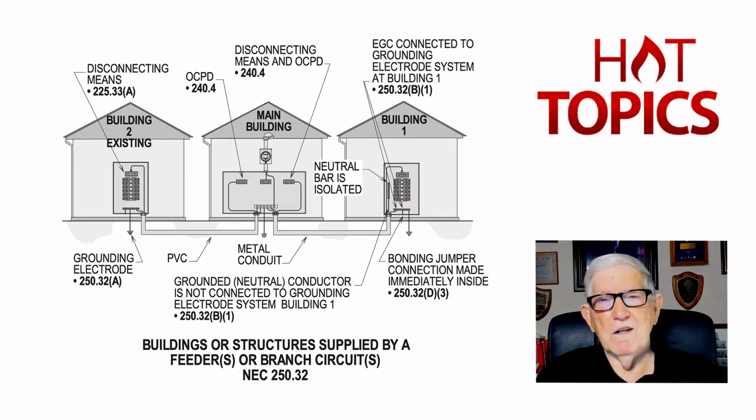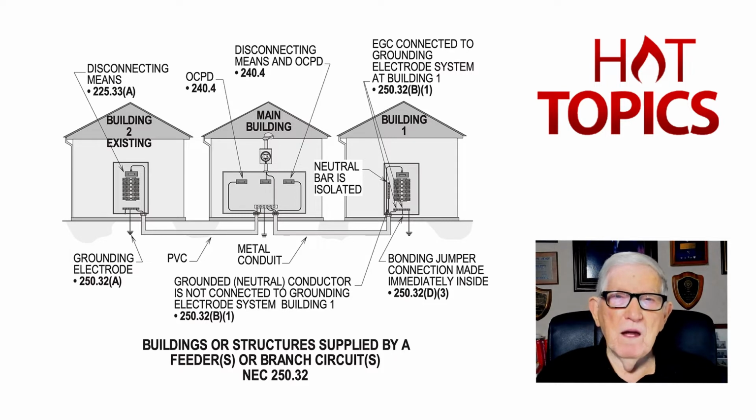But we're running a feeder from the main building over to building 1. And his question was, could the equipment ground be routed over there and the grounding electrode system eliminated, and the equipment ground would ground everything in this facility back to the earth ground in the main building?